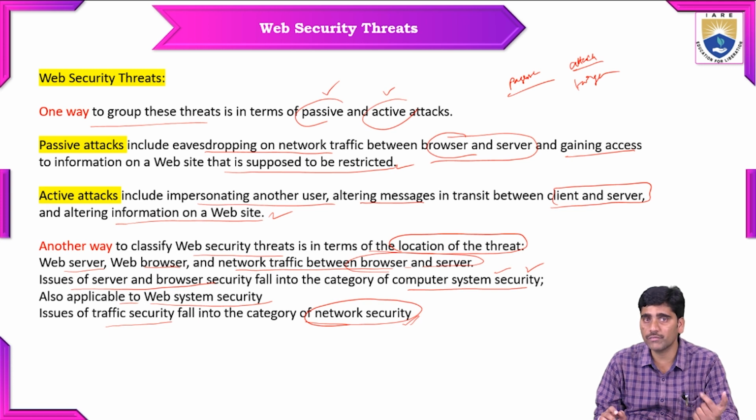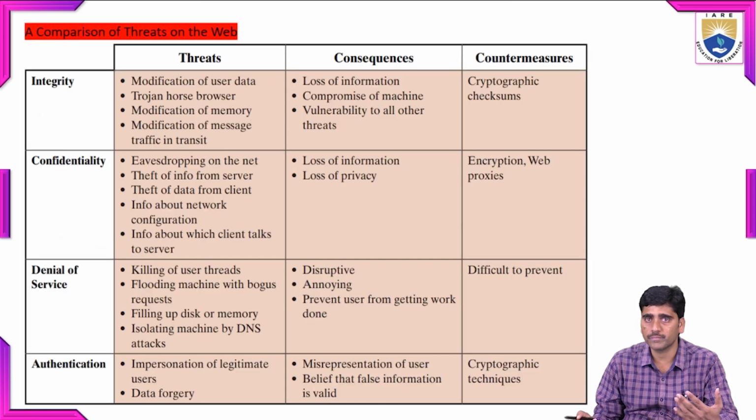Just as web security threats can be categorized as passive and active, some attacks are attacked on the target system in a direct way, and some attacks are attacked on the target system in an indirect way. Indirect means they can use some sort of tools, messages, or principles.